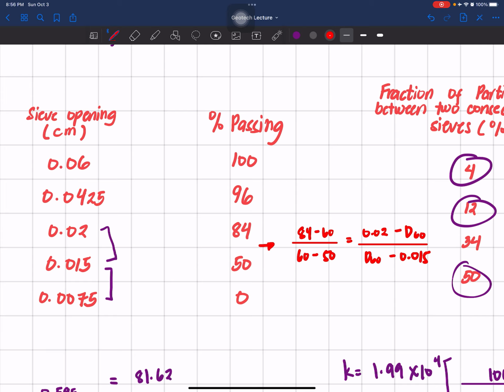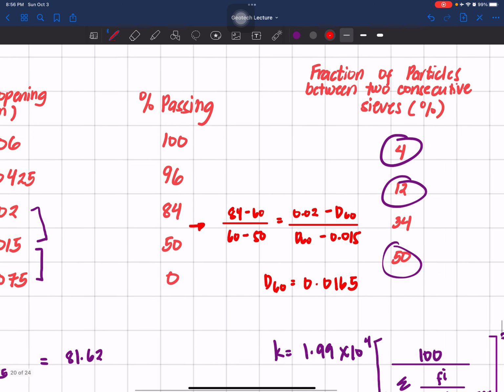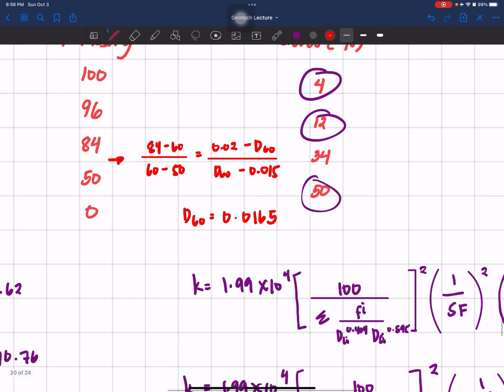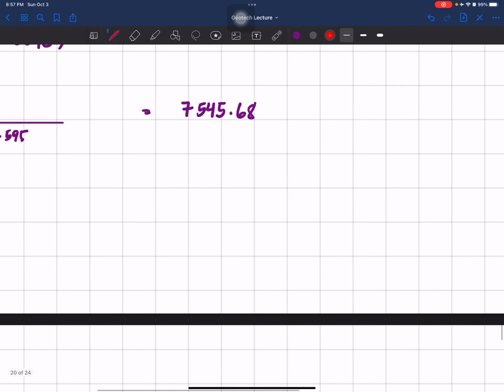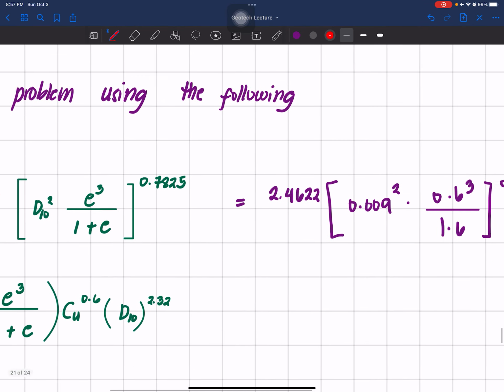So, let me just calculate lang to saglit. 84 minus 60 times alpha x minus 0.15 must be equal to 60 minus 50 multiplied by 0.02 minus alpha x. So, yung D60 ko is 0.0165. Okay, so gumamit ako ng 4 significant figures. I don't know if that's 4 significant figures, pero mas marami, mas better.